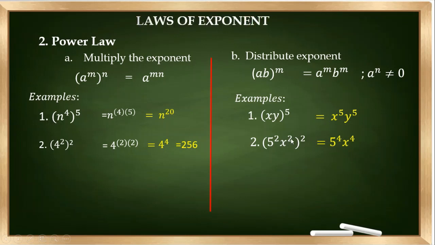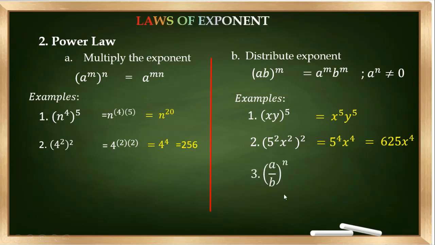Then here naman, we have 2 exponent, and then here sa labas, so just simply 2 times 2, that is equal to 4. So the quantity of 5 squared times x squared raised to the 2nd power is equal to 5 raised to the 4th power times x raised to the 4th power, right? And to simplify 5 raised to the 4th power, that is equal to 625 x raised to the 4th power.